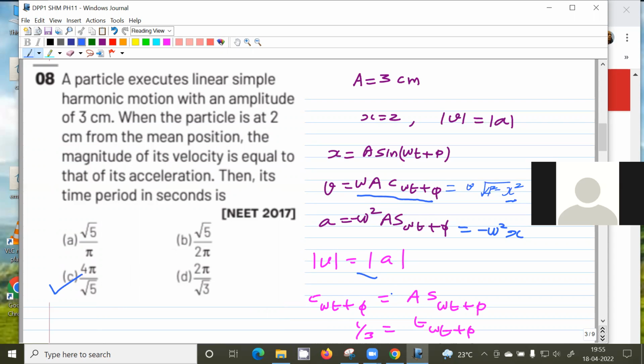Oh, omega is remaining here. A will go away. So from this, I'll get omega. Okay, omega is there. Omega will remain, and then here omega is there. Okay, this is not the way to do it.